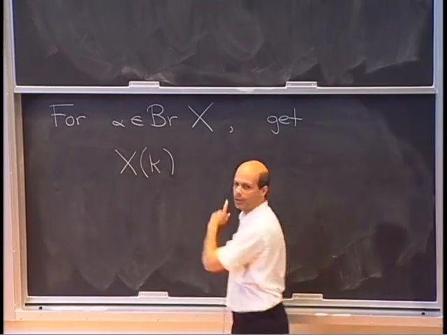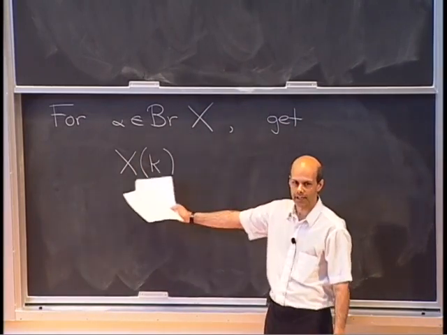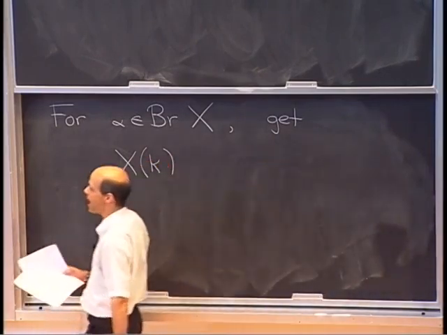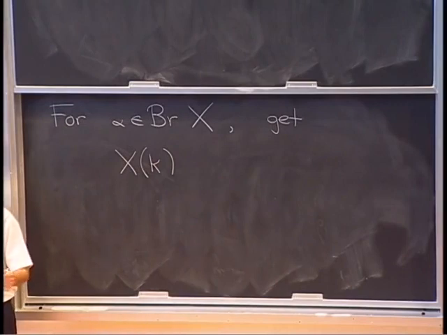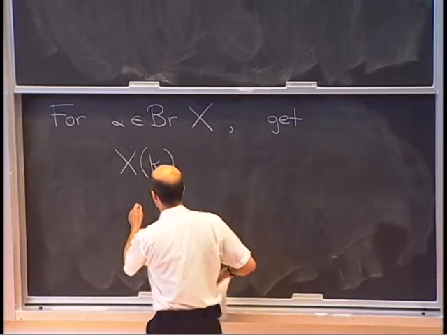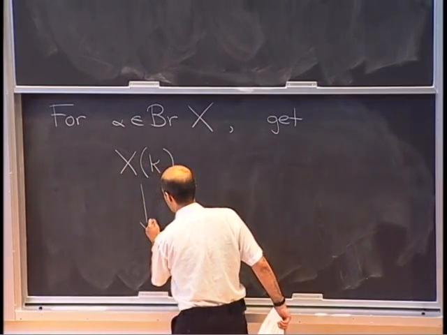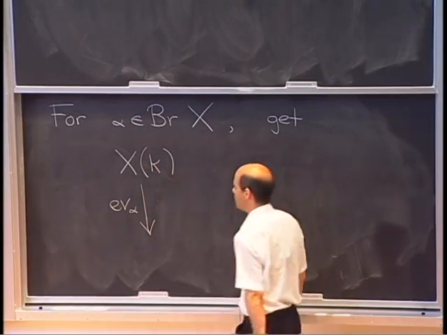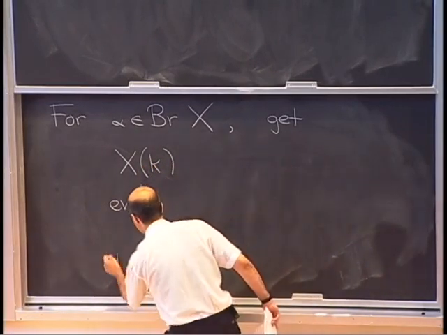When you have an element of the Brauer group, you can evaluate it at a rational point, which essentially means pulling back along the map from spec k into X, using the fact that the Brauer group is a contravariant functor of X. And so you get a map from X(k), which I'll call evaluation at alpha, and it maps into the Brauer group of k.